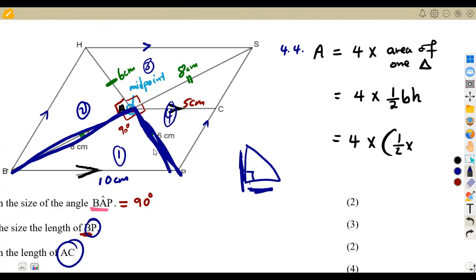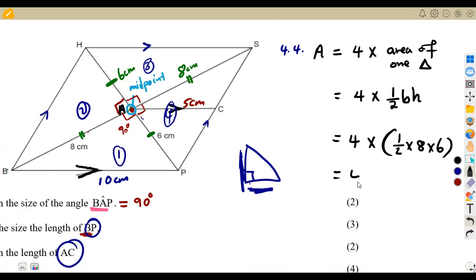One of these is the base, the other is the height. It does not matter which. So you're going to multiply BA, which is 8, and AP, which is 6.